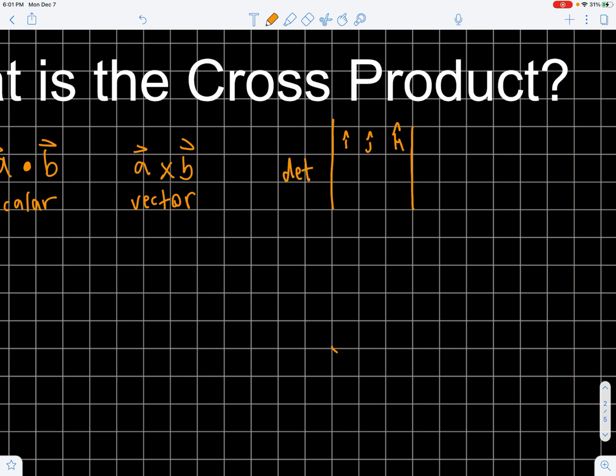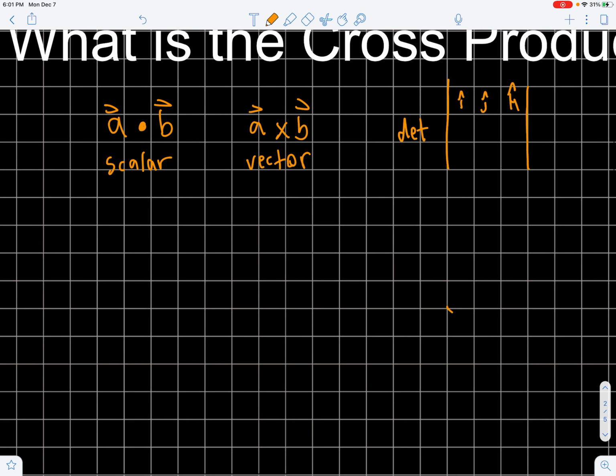The second row is u, and the third row is v, since we're doing u cross v.